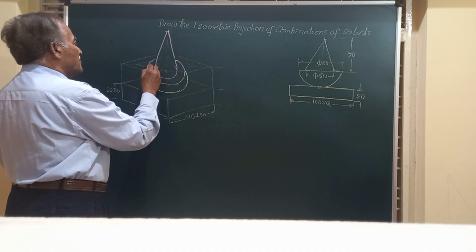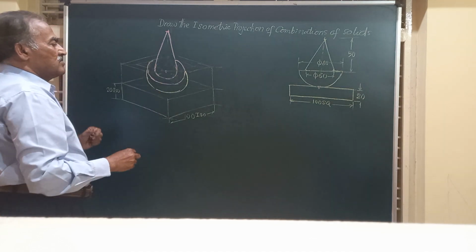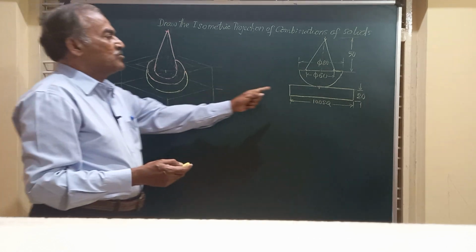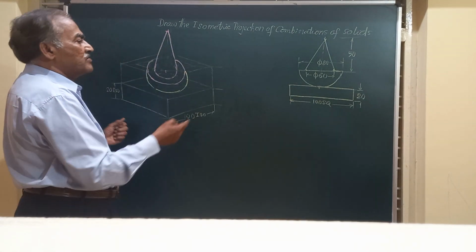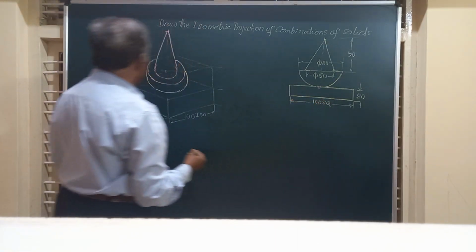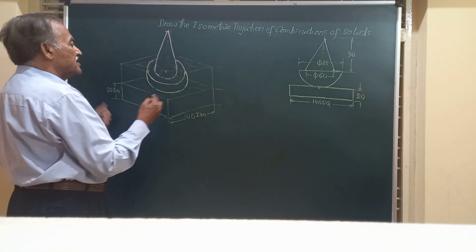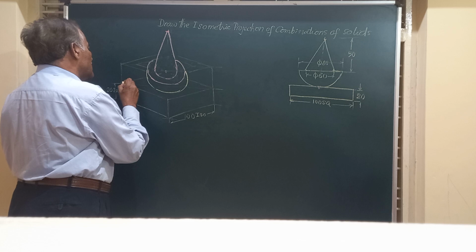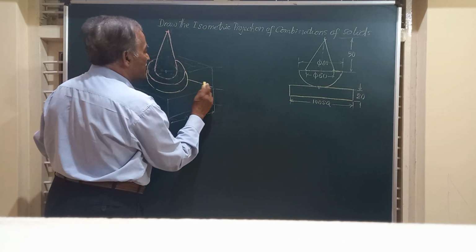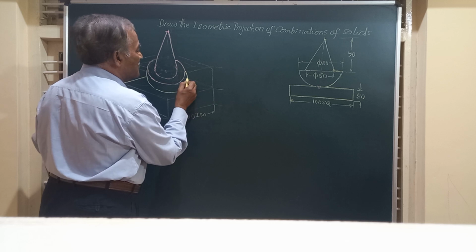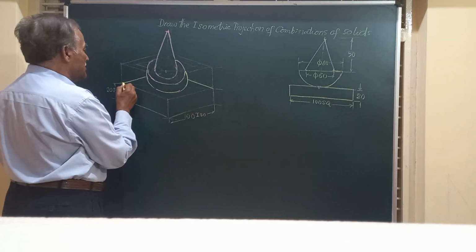Friends, finally after completing this, we have to show the bottommost box, that is the rectangle or square prism having thickness equal to 20. So friends, if you observe it carefully, we have to darken the top surface of the square box.